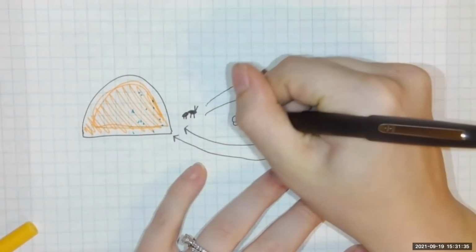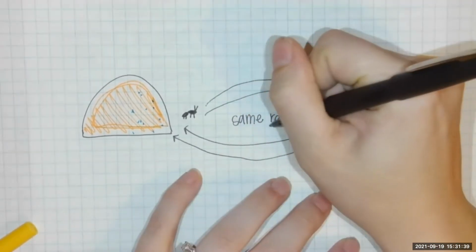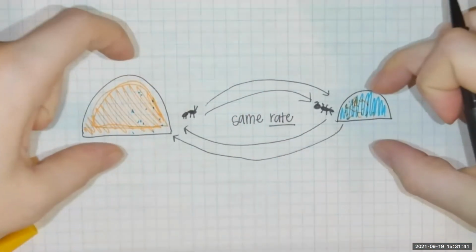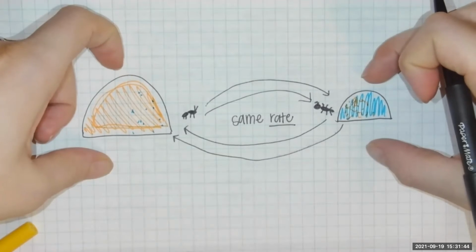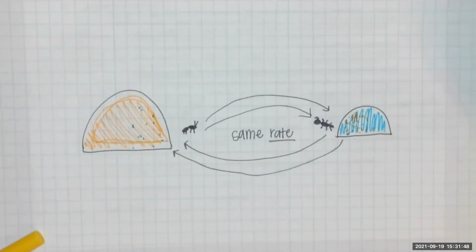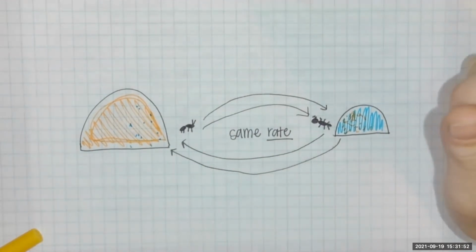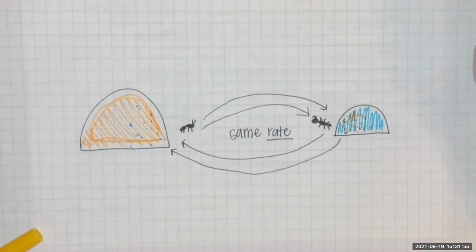If they were converting back and forth at the same rate, the pile sizes wouldn't change. We can use the pile sizes as a ratio to determine when we reach equilibrium.